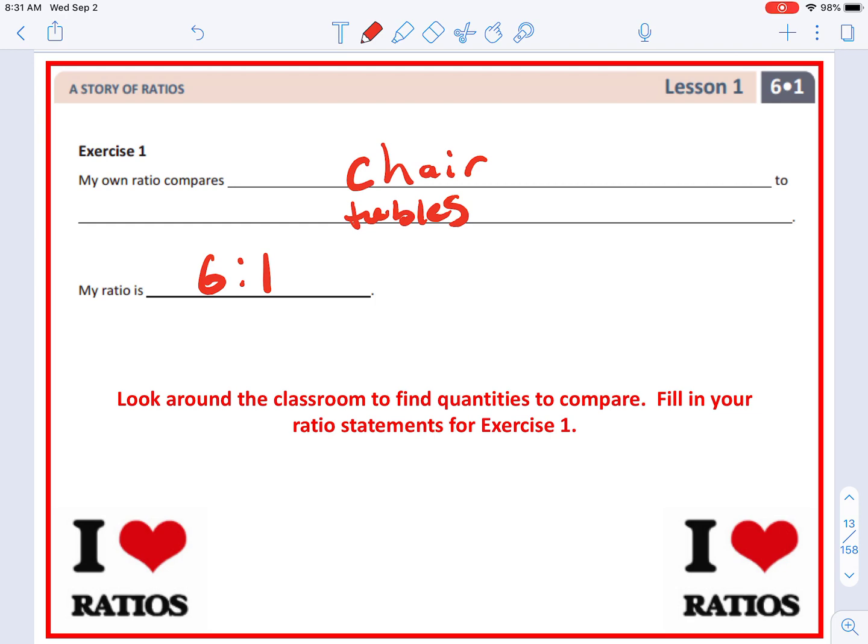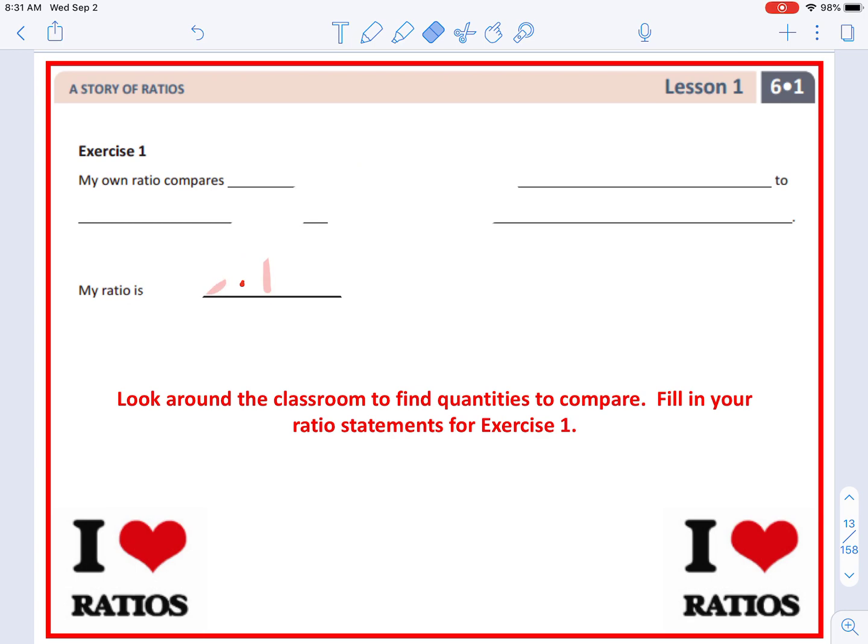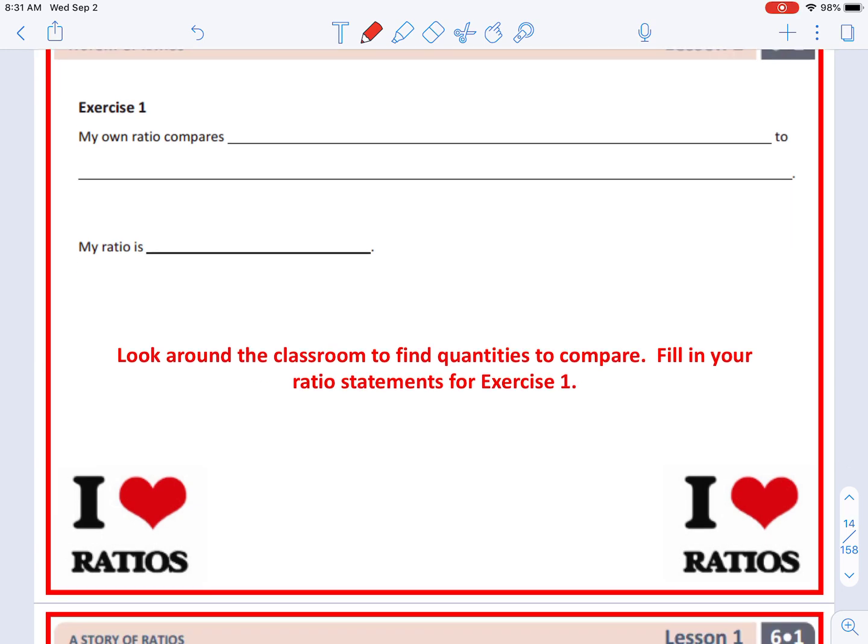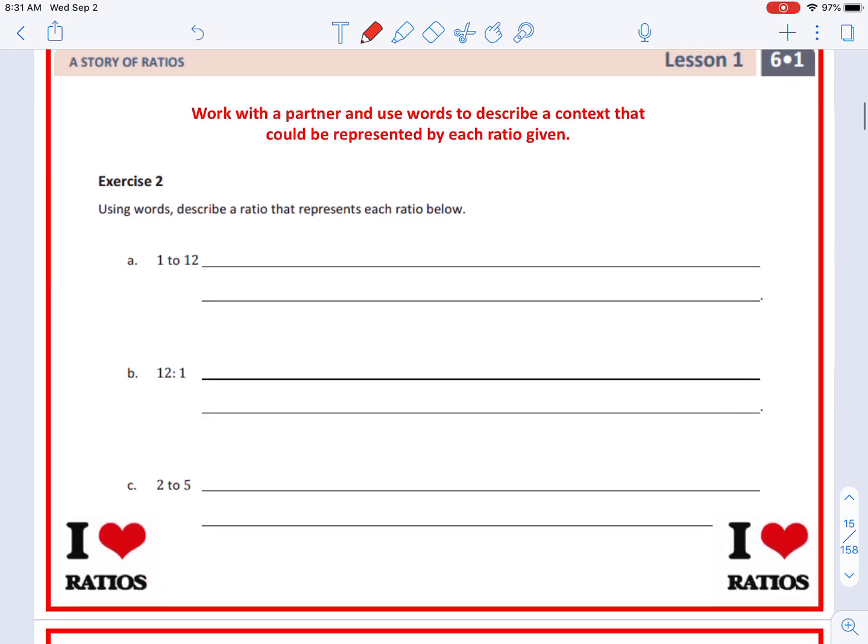So for every 6 chairs, there is 1 table. Okay, it's probably a big dining table, and that makes a lot of sense. You guys could have had a lot of different comparisons, so it's good to be specific and make sure that your ratios are correct and in the correct order that you're comparing them. Okay, let's go ahead and move on.